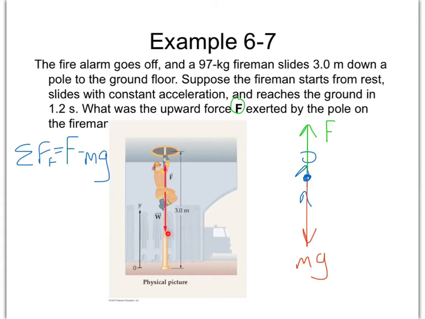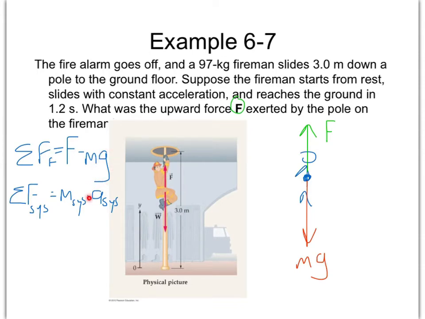The other way, of course, we can describe net force is as a system. So the net force on that whole fireman system right there is the mass of the system. That's him. He's the only thing in the system, times the acceleration of that system. And this is the real difference right here, because sliding down a pole, having a force acting against your pull of gravity, he's not going to fall to the floor at 9.81 meters per second squared.